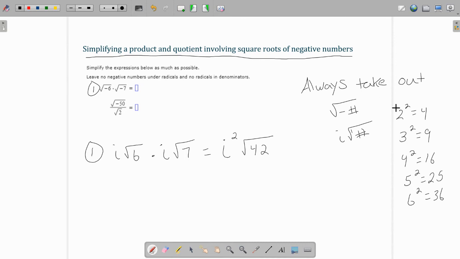Actually, this doesn't break down. 4 doesn't go into 42, 9 doesn't, 16 doesn't, 25 doesn't. So this doesn't break down. All we have to do is turn the i squared into a -1. The 42 doesn't break down, and you don't have to write the 1. You can just write negative square root 42. So that's number 1.